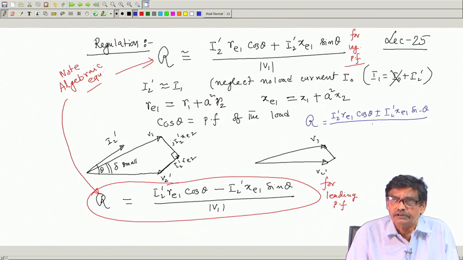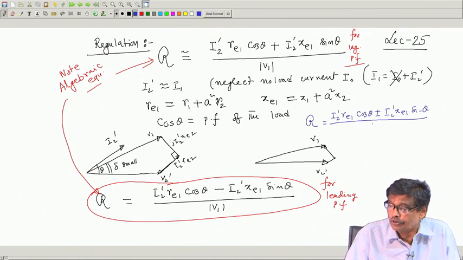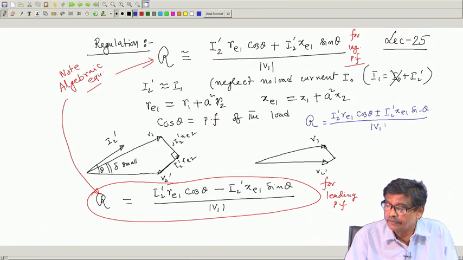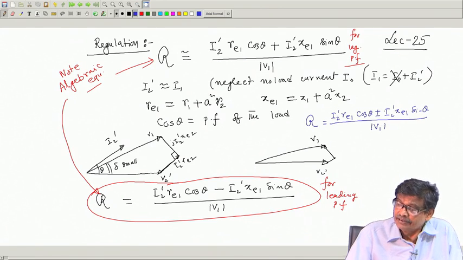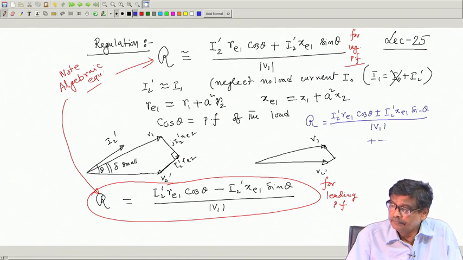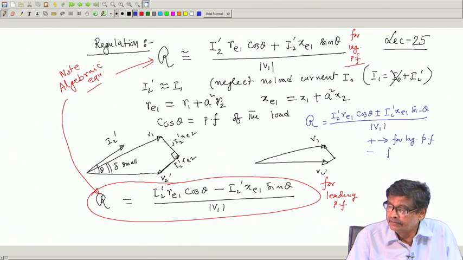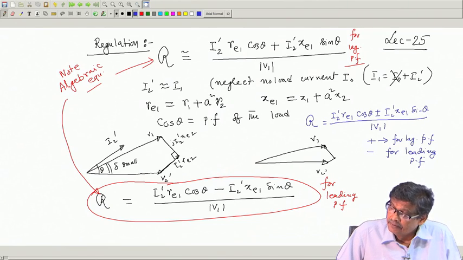This is easy to remember: plus sign for a lagging power factor load and minus sign for a leading power factor load.